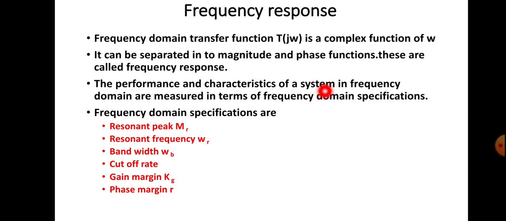In the case of a frequency domain representation, the performance and characteristics of the system can be measured in terms of frequency domain specifications. The frequency domain specifications are resonant peak M R, resonant frequency omega R, bandwidth omega B, cutoff rate, gain margin K g, and phase margin gamma.